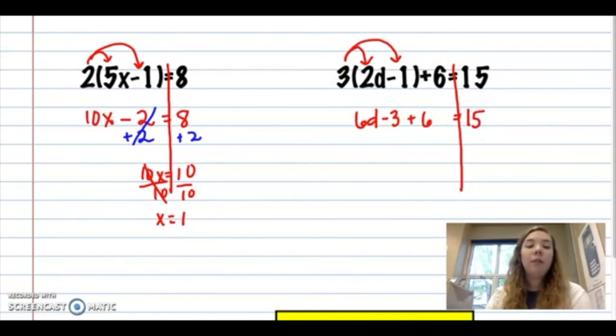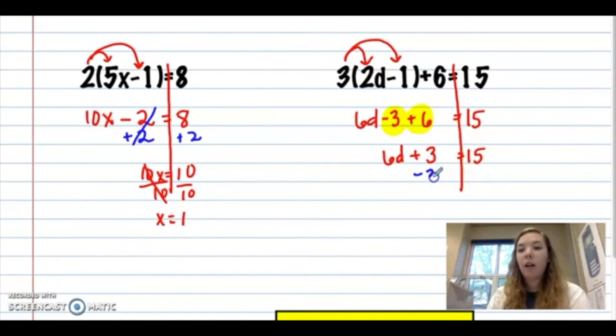Now step 2 is to combine like terms. In this case, my like terms are negative 3 and 6 because they both do not have a variable. Negative 3 plus 6 is positive 3. So I'm bringing down my 6d, and now I have a positive 3 equals 15. And now it's a 2-step.